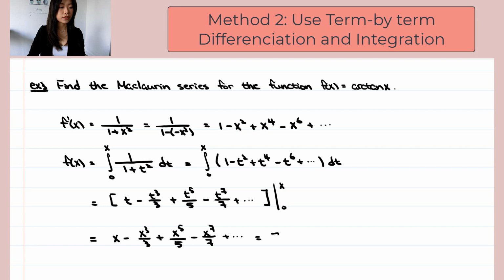It equals the sum for n starting from 0 of negative 1 to the power of n. And we notice that the exponent is always an odd number, so we have x to the power of 2n plus 1, then divided by the same value as the exponent, so divided by 2n plus 1.